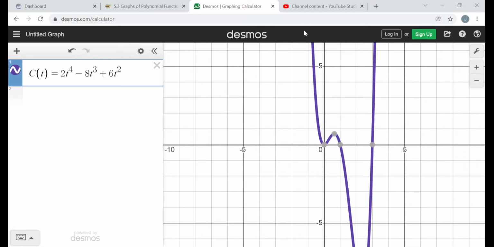And it's going up to the far left and up to the far right. The end behavior is correct as well. And you see how it touches at 0 but doesn't cross, and then it crosses at 1, and it crosses the axis at 3. I talked about that a little bit too, but that's going to be the next video, talking about what happens near these zeros, near these intercepts.